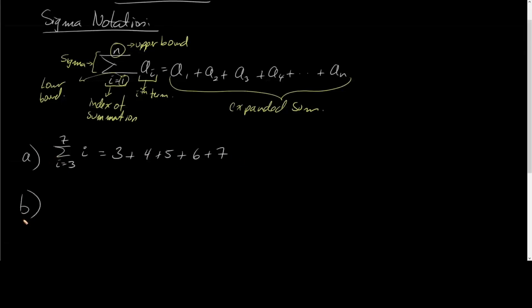Let's do another one. Let's say I had the summation from i equals 1 to 5 of 3i. We put 1 into the i, so 3 times 1 is 3, plus 3 times 2, 6, plus 3 times 3, 9, plus 3 times 4 is 12, plus 3 times 5 is 15.